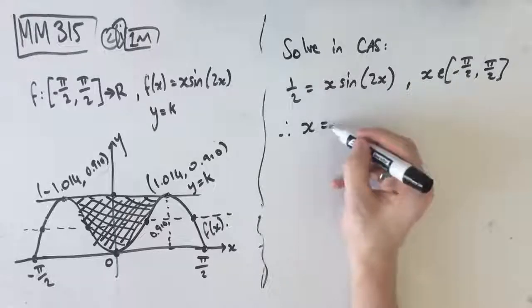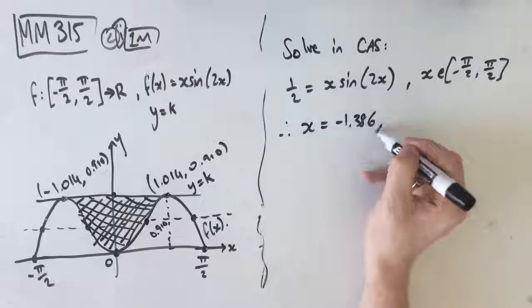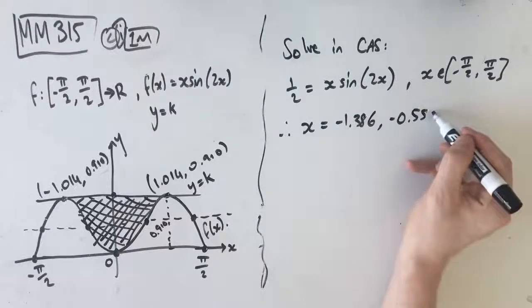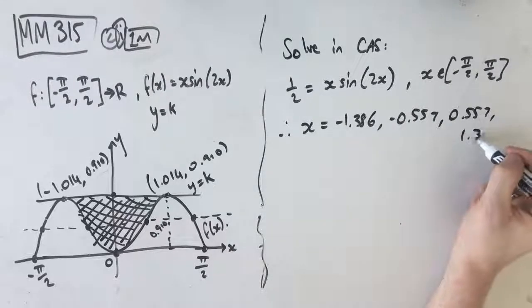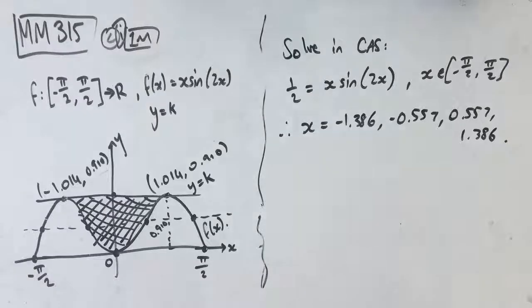Therefore x is equal to negative 1.386, negative 0.557, 0.557, and 1.386. And that's it. So that's our first and only mark for this question.